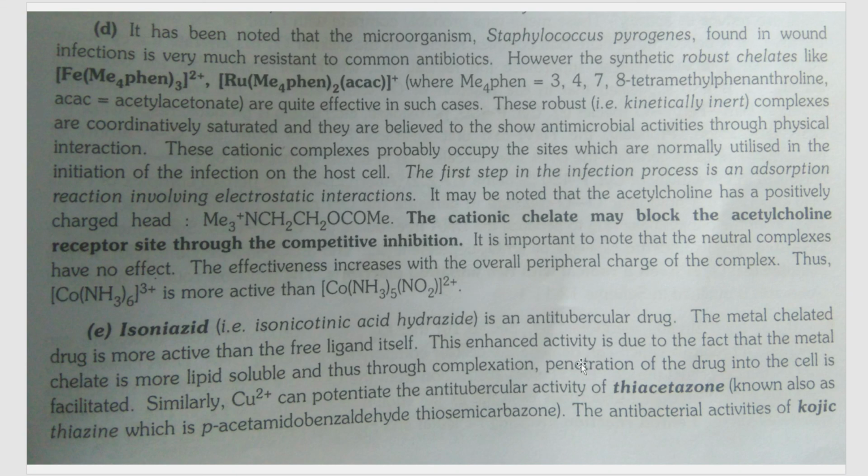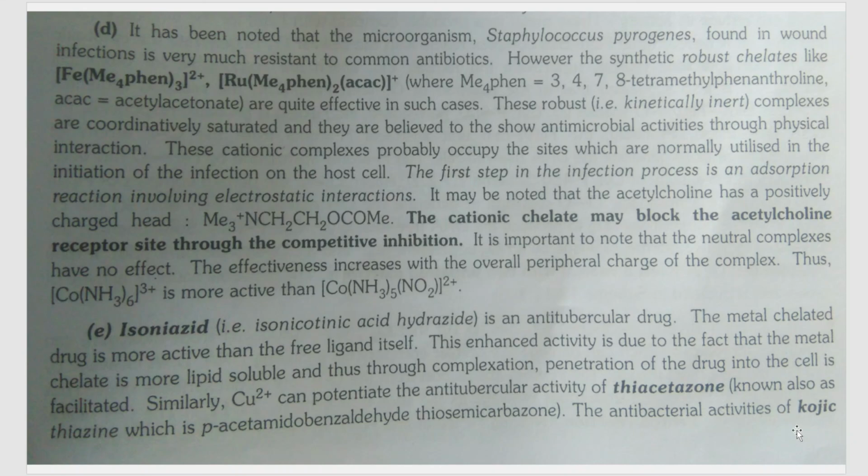That's what they're telling. So one drug that is used in anti-tuberculosis therapy is thiacetazone. Its property increases when it forms a complex with Cu2+, so the metal complex with Cu2+ makes thiacetazone a better tuberculosis drug.